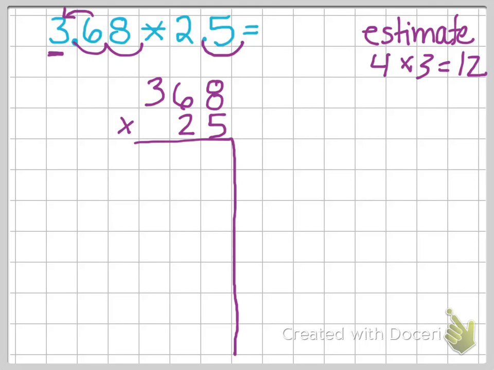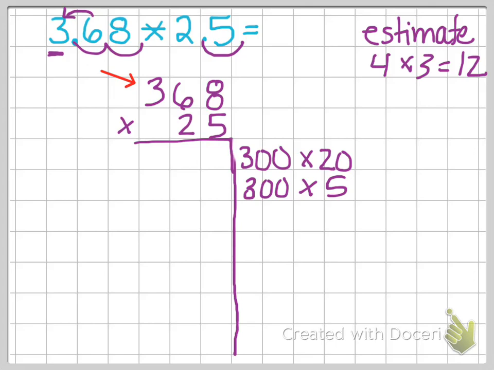Alright, let's start with the 3, which is 300 times 20. 300 times 5.